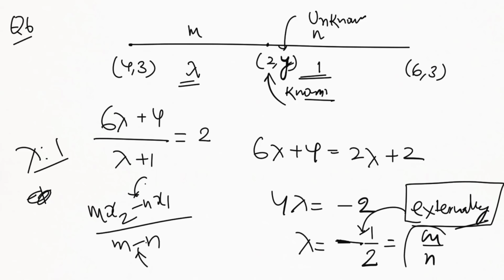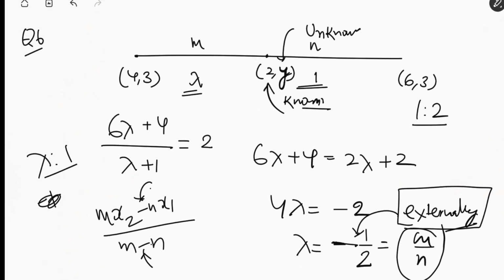Now the problem is simplified to find the y coordinate of the point which will divide this into 1 is to 2 externally, right? 1 is to 2 externally. So let's apply that. 1 into 6 minus 2 in, sorry, not the x coordinate, we are dealing with y, right? It's 3 and 3.